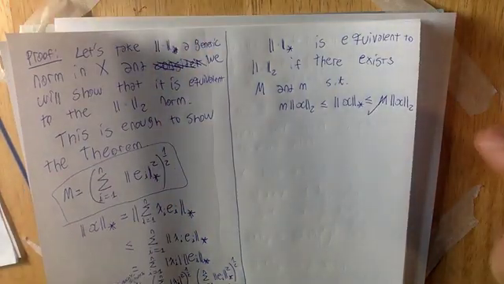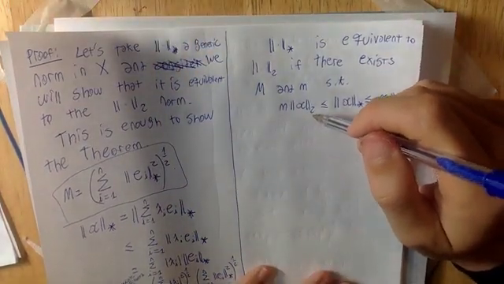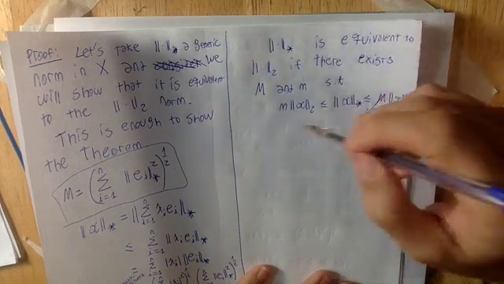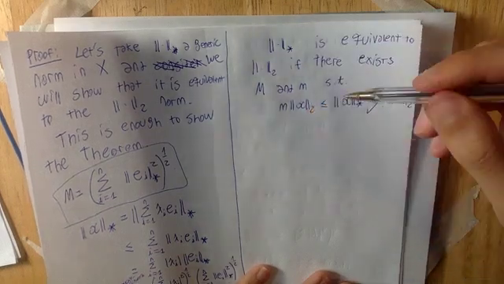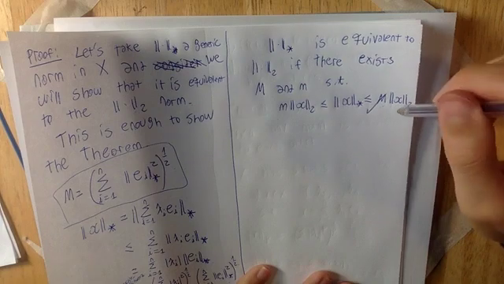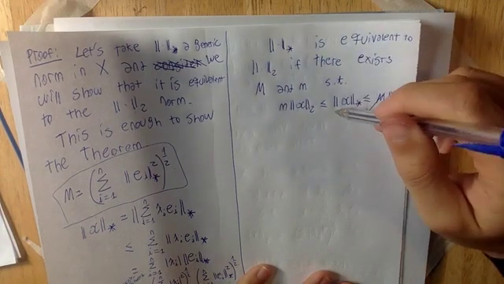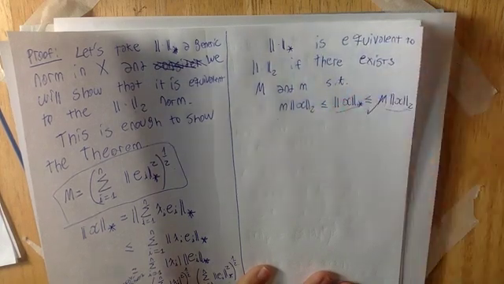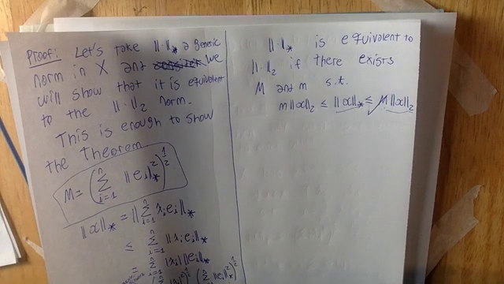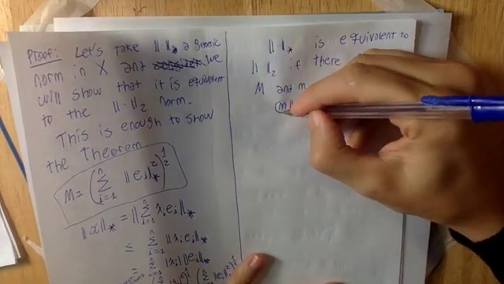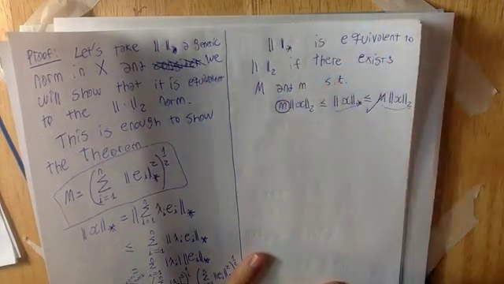What we just showed is the right hand side of this inequality, and we need to prove the left hand side. If you can find these M and little m, then we can show that the topology induced by this norm and the topology induced by this norm are equivalent. Okay, so now let's find where this little m comes from.